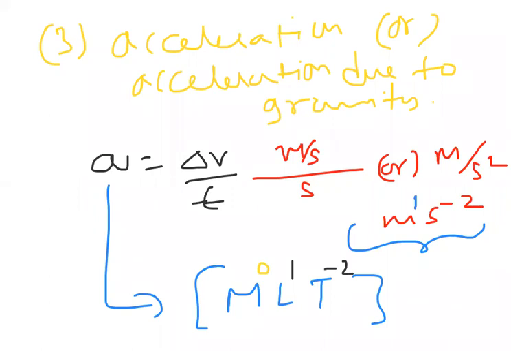Minus 2. So M0 L1 T power minus 2 is the dimensional formula. So you have to observe here, there is no mass. Is kg there? No. Because meter, second, kg are fundamental, but kg is not there. So power 0. Meter is there, power 1. And second is there, power minus 2. I can write like that: M0 L1 T power minus 2.